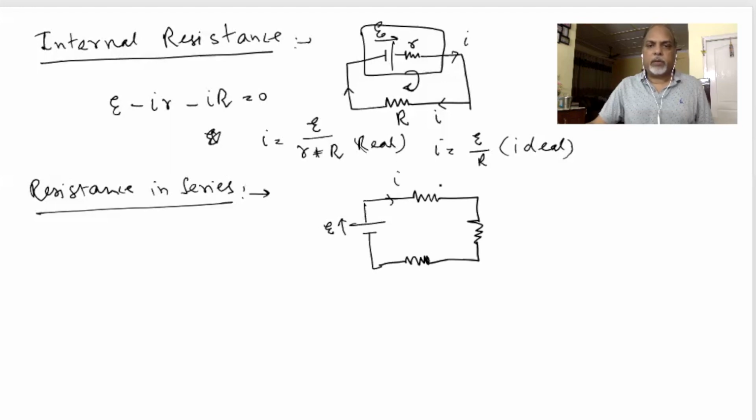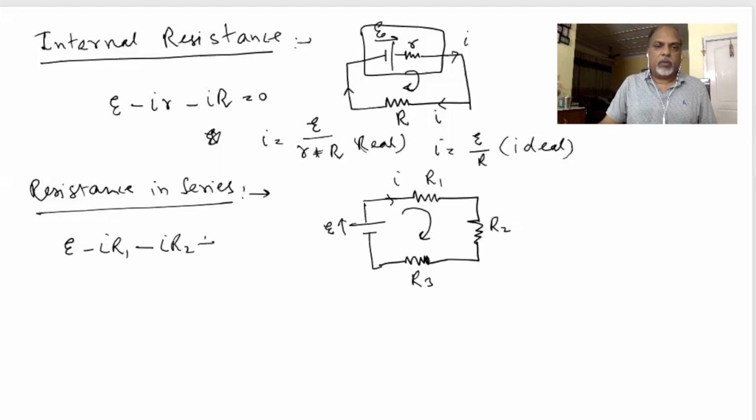This is your current. Suppose these are R1, R2, R3. If you again follow the loop rule, then E minus IR1 minus IR2 minus IR3 must be equal to 0, because the current in all the resistances will be the same, so I will be E divided by R1 plus R2 plus R3.